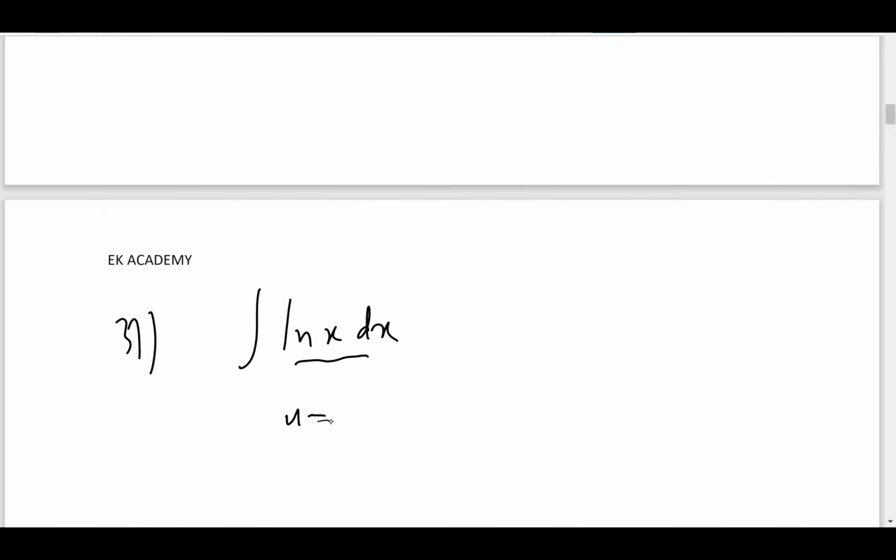Here I'm going to let u again be ln x, and du will be 1 over x dx. The remaining part will be dv, so dv equals dx.